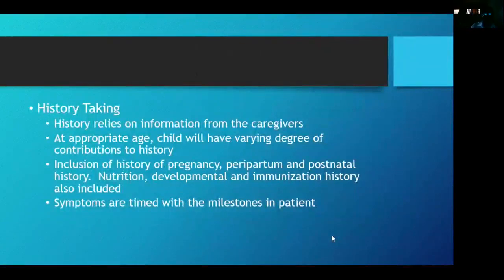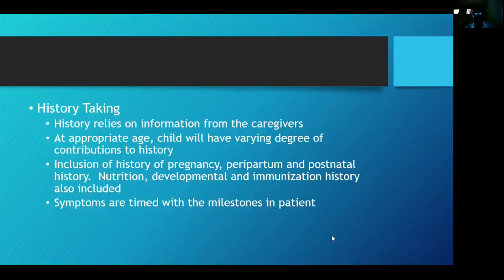Now, in taking history, in pediatric surgery we generally rely on information that is given to us by caregivers most of the time. In addition, some children, maybe starting from those up to 6, 7 years of age or even above, and as they get closer to adulthood, it becomes easier.